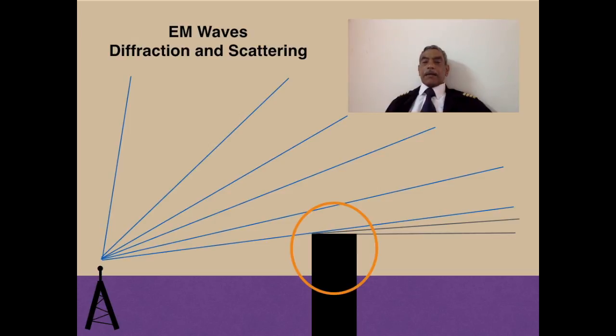But because of scattering, these EM waves tend to bend around the bodies, which I have shown in this black color. Normal EM waves are shown as transmitted in blue color, and when it strikes the body, it bends, it turns its direction, and that is what I have shown in black color.